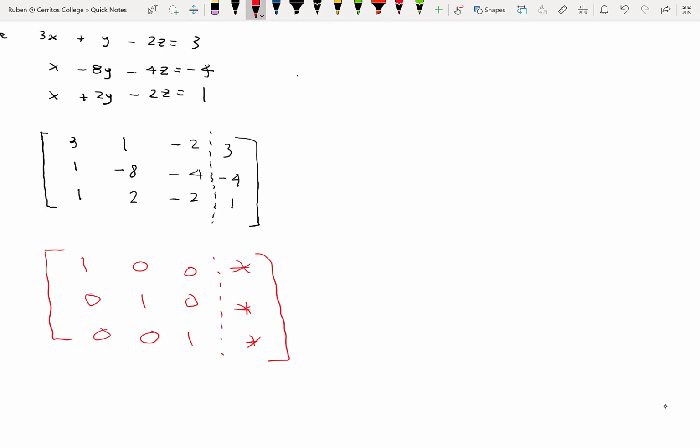I want both those zeros below that 3 in the upper left. So I'm going to take 3 times row 2, and I'm going to subtract row 1. Isn't that easier to see? 3 times 1 is 3, minus 3 is 0. To do the same thing with the third row, I'm going to take 3 times row 3, and subtract row 1. And that should get us in a nice position. I'm not going to do anything with the first row: 3, 1, negative 2, 3.